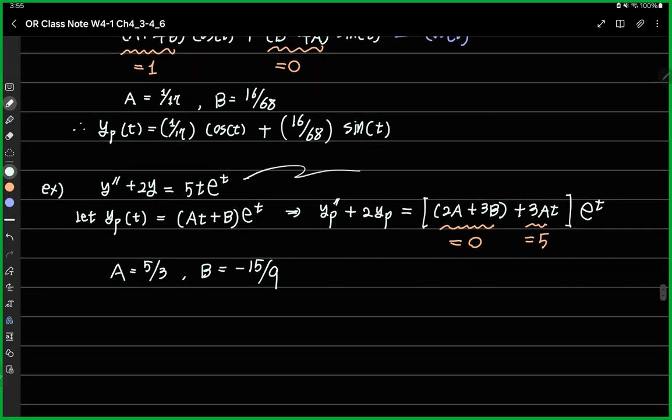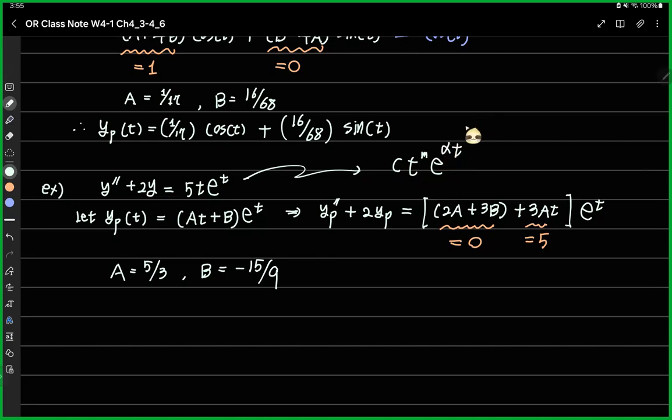You can generalize this. What if we have c times t to the m-th power times e to the alpha t?